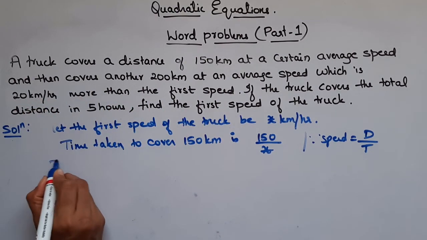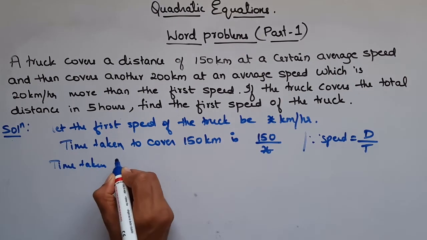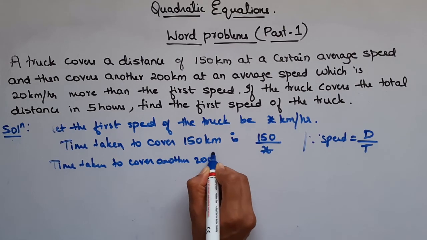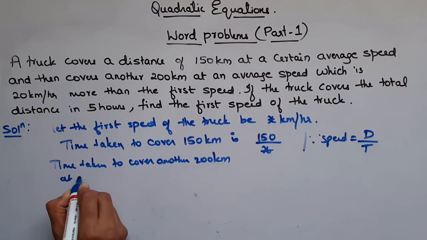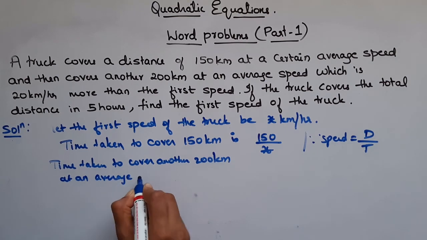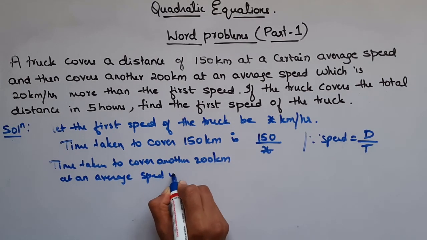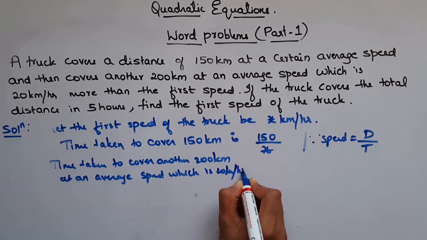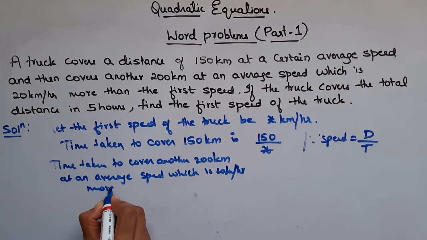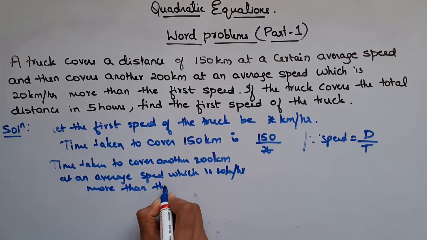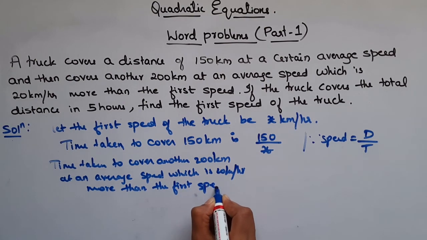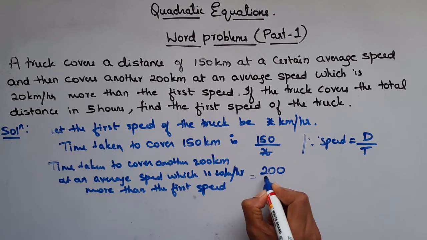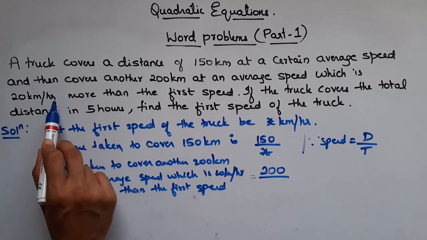That is, the time taken to cover another 200 km at an average speed which is 20 kilometers per hour more than the first speed is 200 by the speed, which is 20 more than the first speed.